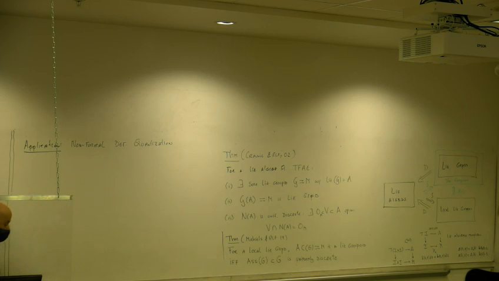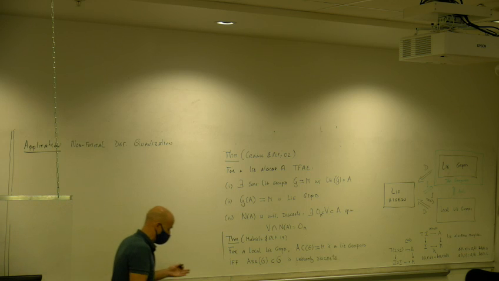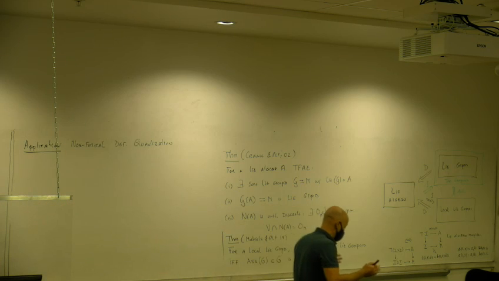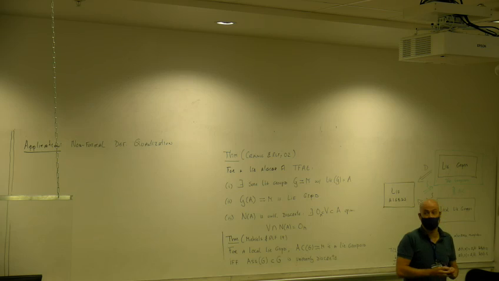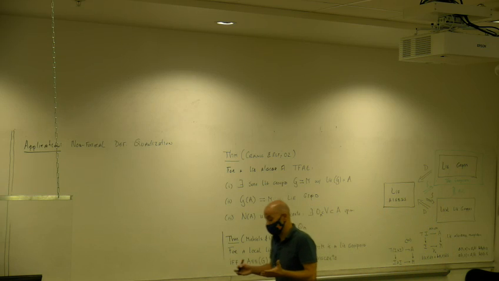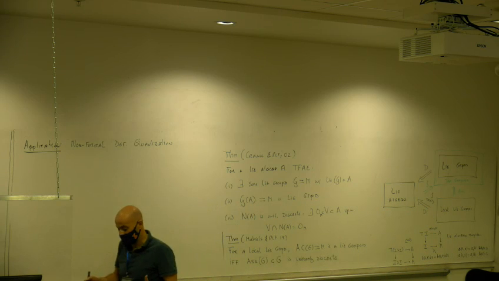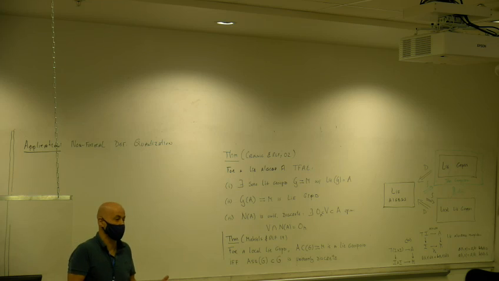Kontsevich's work is amazing, it's beautiful, but it's formal. So in that sense, it's a bit unsatisfactory. You would like to produce things that are not formal. You would like to produce honest star products.